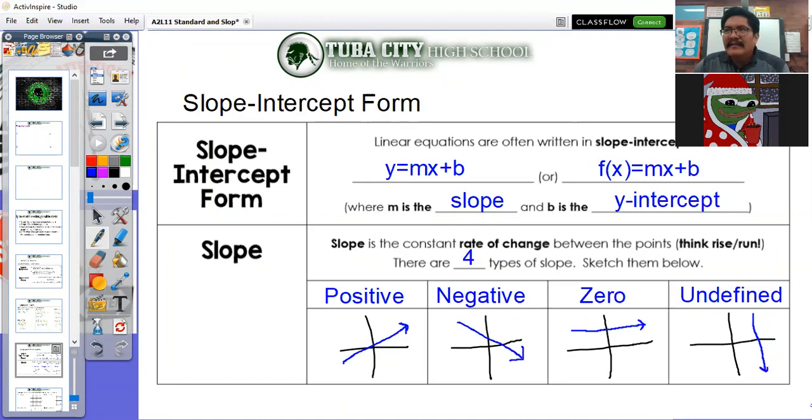So why is it undefined? If you remember when we were talking about real numbers, there were some numbers that I kind of mentioned that weren't written, and that was undefined numbers and imaginary numbers are not real numbers. So with an undefined slope, it's just like undefined.